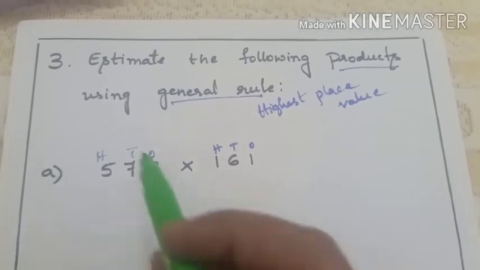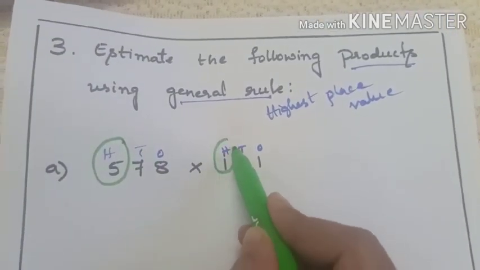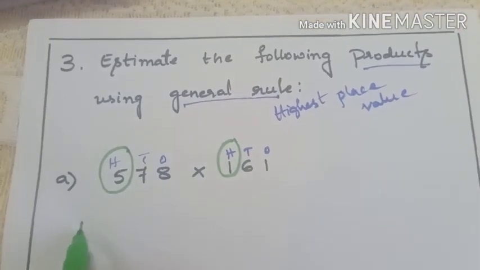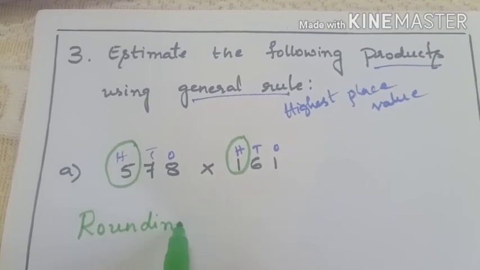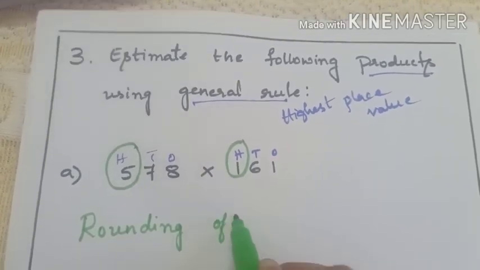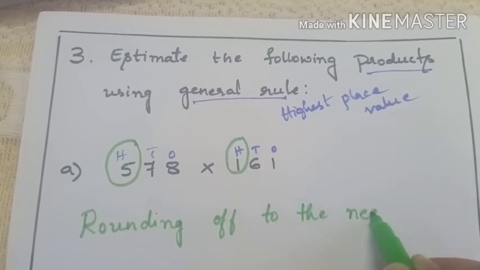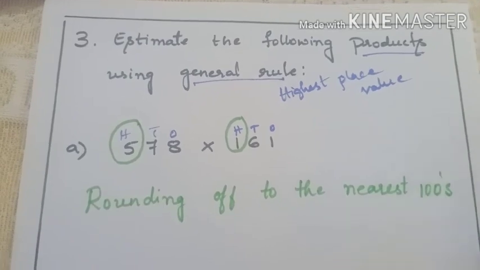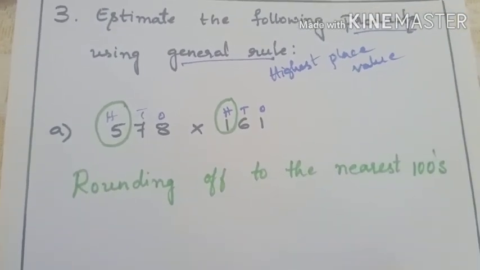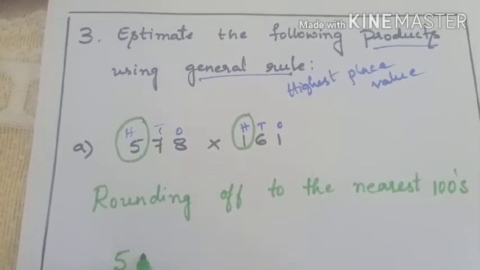Which is the highest place value? Hundreds. Here also it is hundreds. So rounding off to the nearest hundreds. When you round off to the nearest hundreds, first write down these numbers: 578.